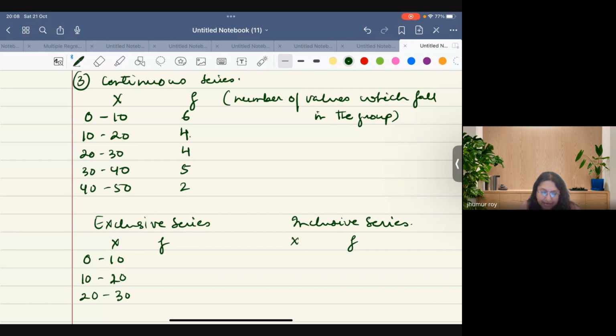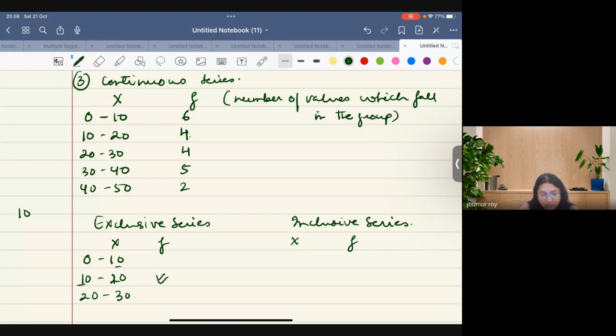Now, in this case, suppose there's a value 10. Where do we write it? Do I write it here or here? Both of these, if you see, are 0 to 10 and 10 to 20. So when the value is 10, it will be written over here. Is it clear? That is called an exclusive series.